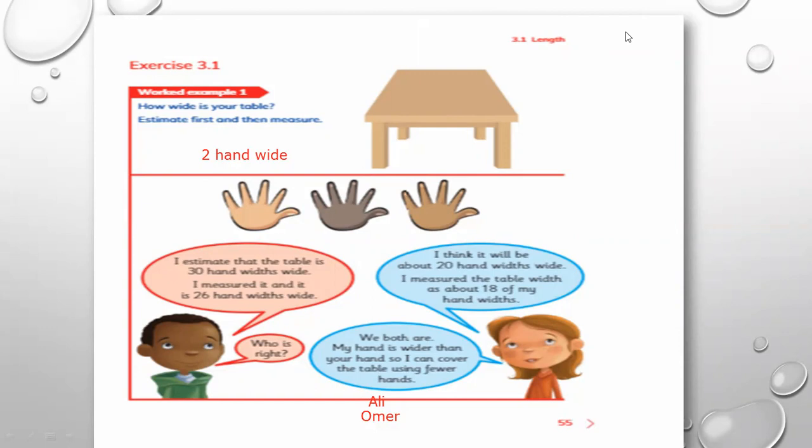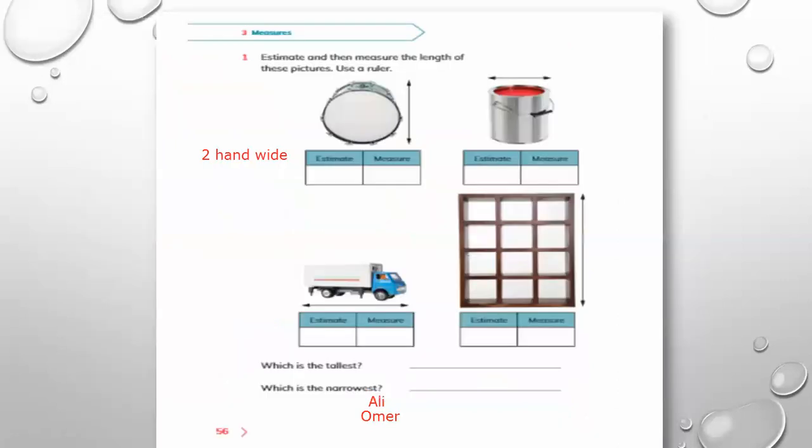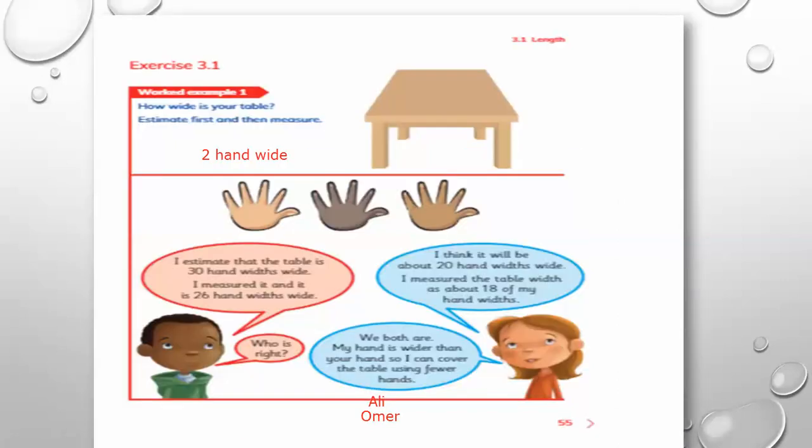We start with the 0 and count from there. A ruler that has centimeters is good for measuring things. Whenever we measure things, we always start with the 0.